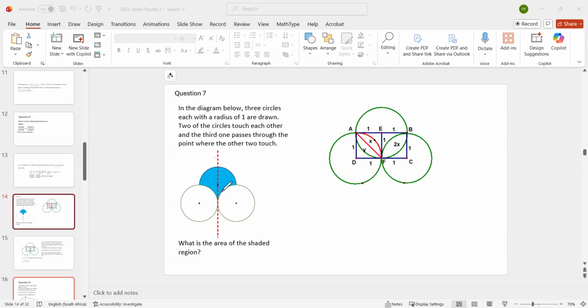They touch, right? And the third one passes through the point where the two touch. So the third one goes through this. So can you see I've actually drawn this thing, so the third circle goes through this. Now, the question is, find the area of the shaded region.